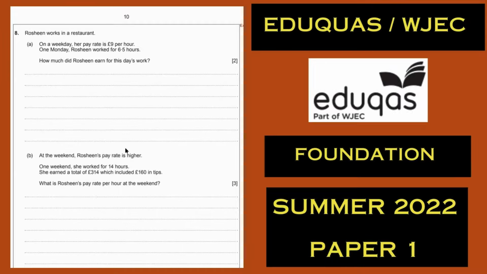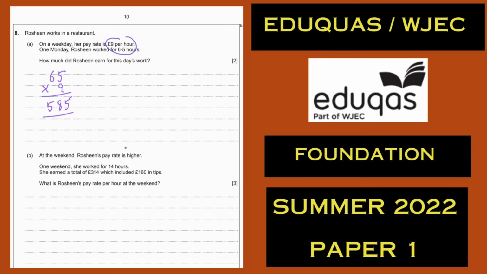We've got working in a restaurant here. Weekday £9 per hour. 65 times 9 is 585, or do it your own way, repeated addition, area method, whatever you choose. How much should it be?